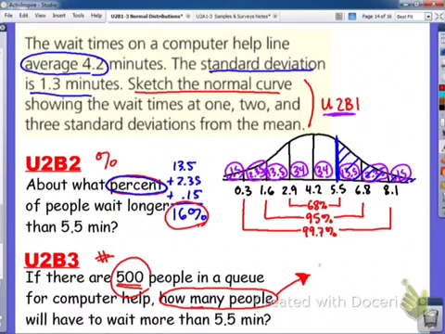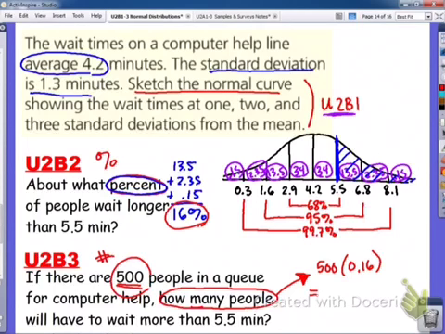then all I have to do is just take 500, multiply it times... You've got to change the percentage to a decimal. So it's 0.16. You move the decimal place 2 places over. And you just multiply that in your calculator.